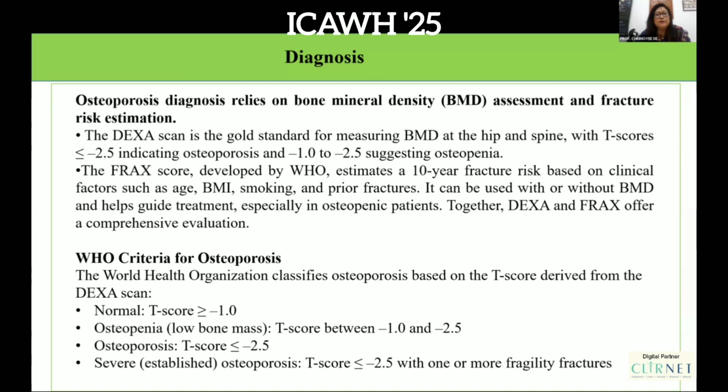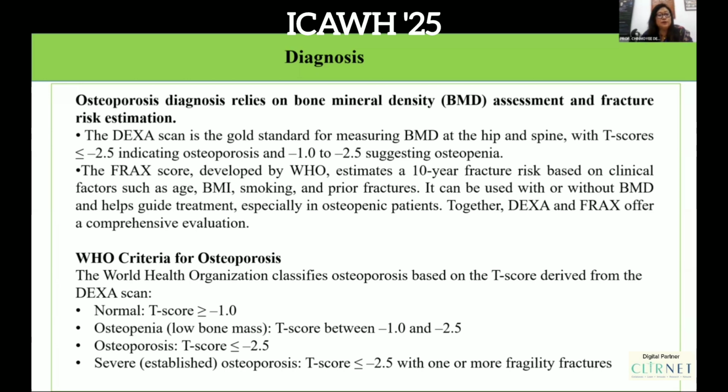The FRAX score, developed by the WHO, World Health Organization, estimates a 10-year fracture risk based on clinical factors such as age, BMI, smoking, and prior fractures. It can be used with or without BMD and helps guide treatment, especially in osteopenic patients. Together, DEXA and FRAX offer a comprehensive evaluation.